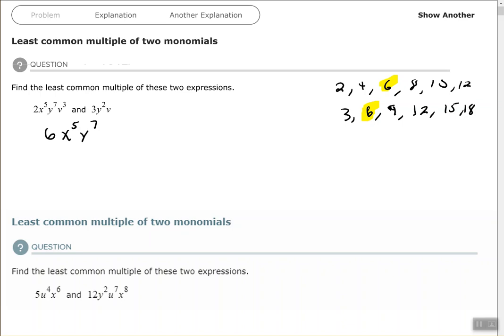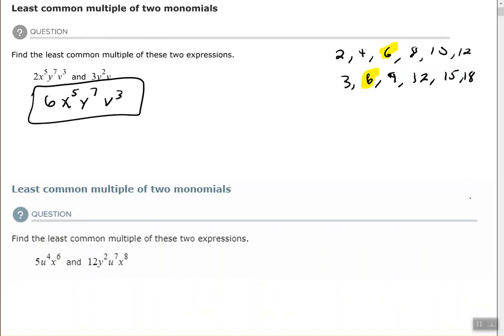So y to the 7th. And then the v's will be v to the 3rd. So when you see least, you need to think greater, really. You always use the highest exponent if the variables are shown in both places. If the variable is only listed in one place, then you use the exponent that's on that particular variable.